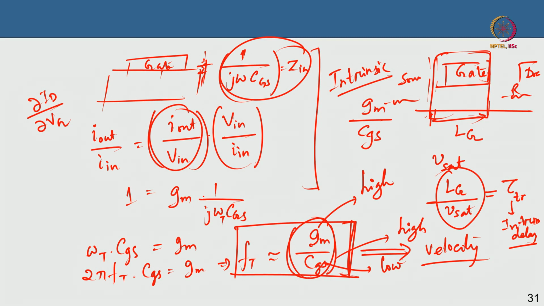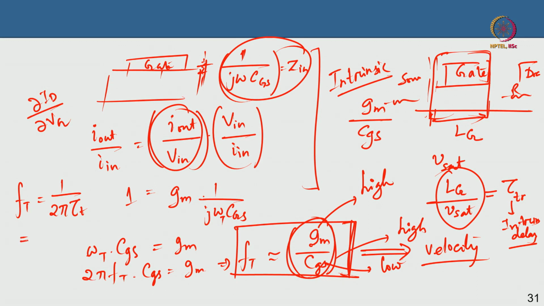We will discuss that in this course, but in this particular context the transit time is this, and this is for the intrinsic device only. All the extrinsic elements, all the parasitic elements are ignored. This is the minimum delay you will have, and the cutoff frequency is 1 by 2 pi times the transit time.